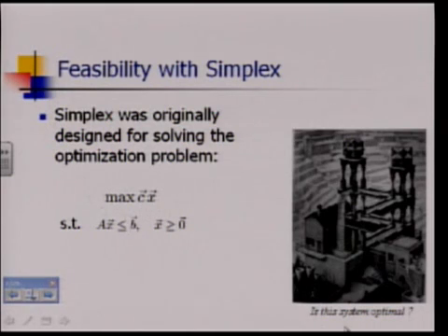Well, here's a very interesting example that I think I took from some art where if you look at this architecture, is this system optimal? Well, can you see any problem with this? It's infinite. Well, the water supplies itself.